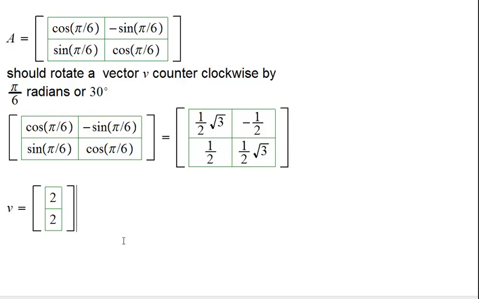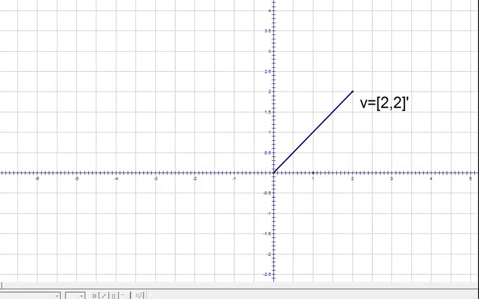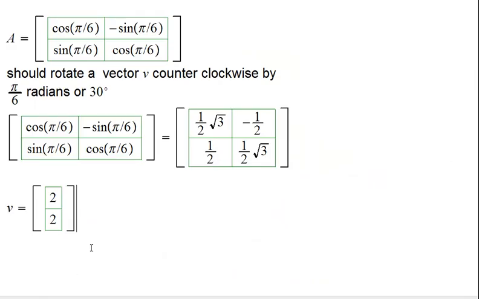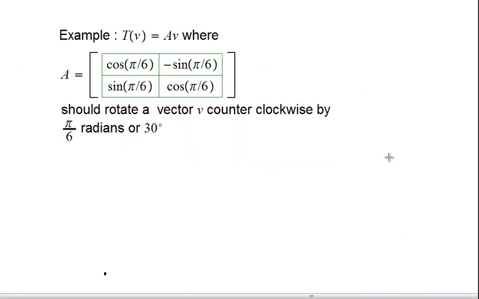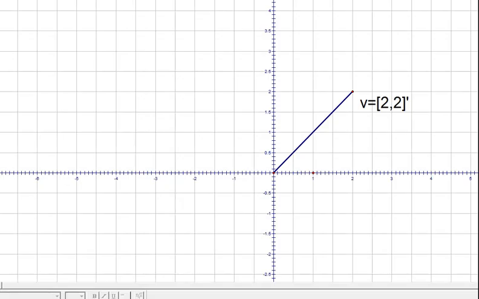A reason I took it is that we'll keep life easy. These guys will cancel. So here is the vector (2, 2), and I have put a prime here just to show transpose, because generally we like to write our vectors as column vectors. Here is our vector (2, 2), and this angle is 45 degrees.